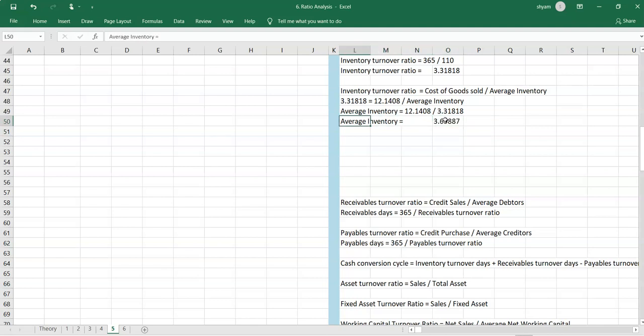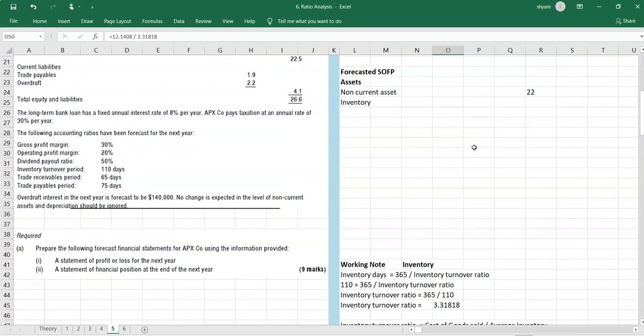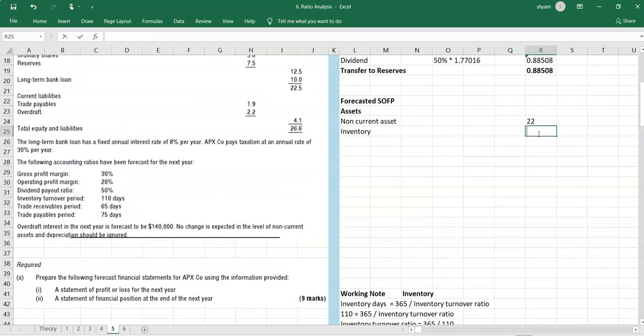So our inventory is 3.65. We can take that 3.65 or 3.66, we can round it off. So inventory comes to 3.66. Done. We get it from working note number 1.